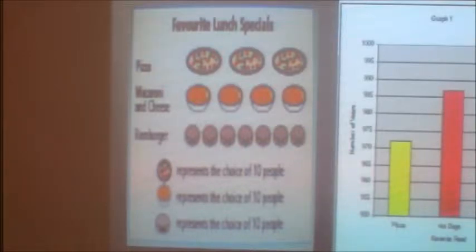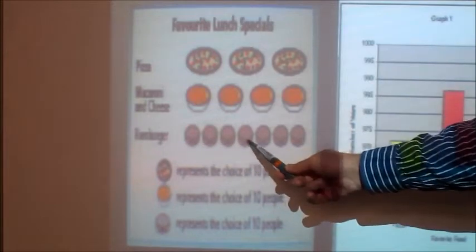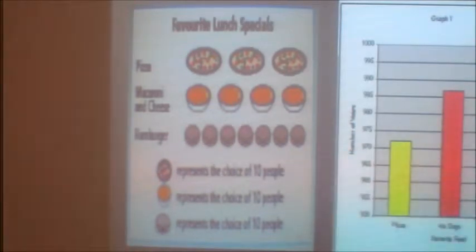However, if you look closely, you'll notice that more images of hamburgers actually exist here, meaning that that would be the most popular choice. Now, why might people want to show data this way? Well, perhaps the maker of this graph likes pizza the best themselves, and they want to show that pizza is a popular choice. Is this bar graph misleading?